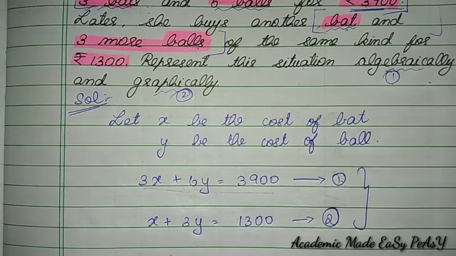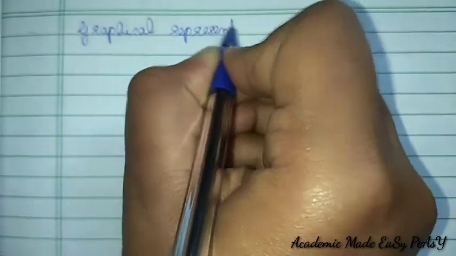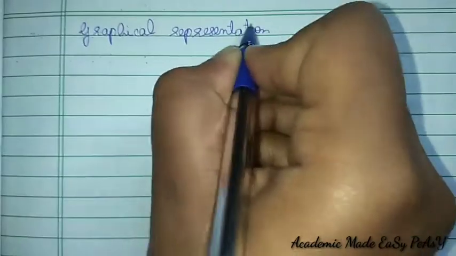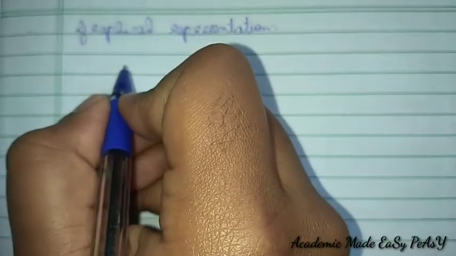So now let's move on to the second part of the question. What is the second part? Graphical representation. So now let us see for graphical representation. So now what are the given two equations?